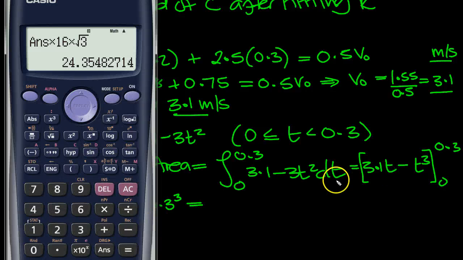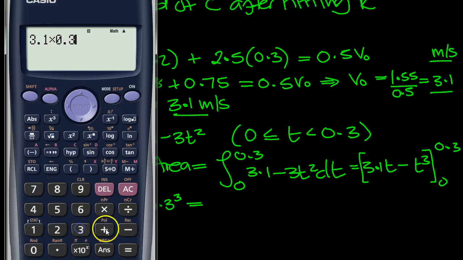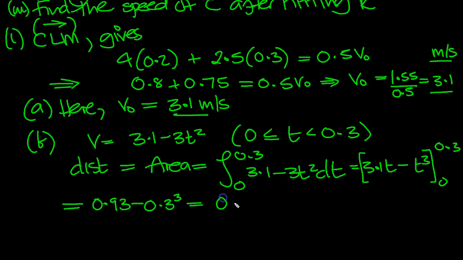So it was 3.1 times 0.3 minus 0.3 cubed, which equals 0.903 meters. That's the distance moved.